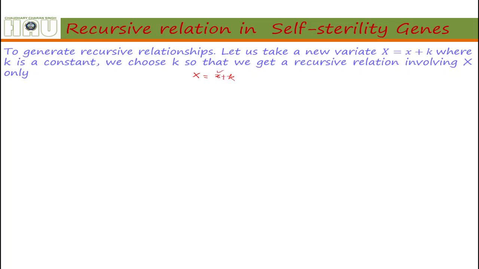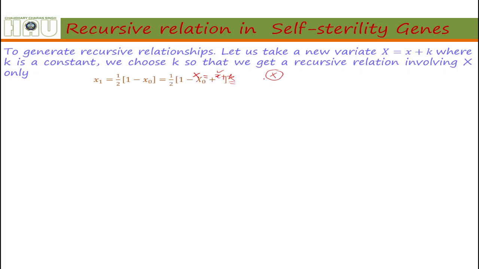X is the frequency of various genotypes, and I define capital X as x plus k, where k is a constant. We choose k in such a way that we get a recursive relationship involving capital X only, right? So how will you do it?